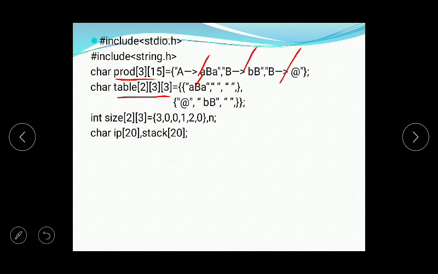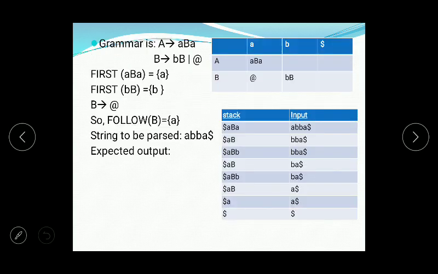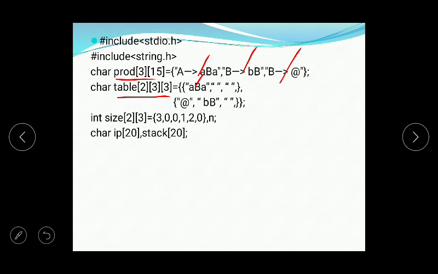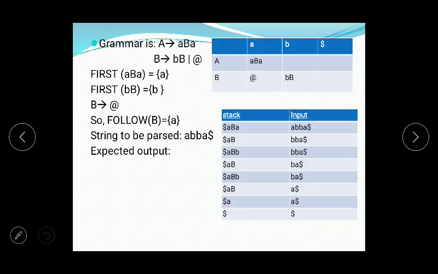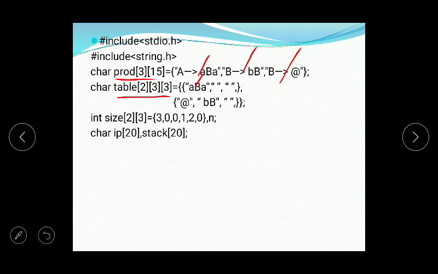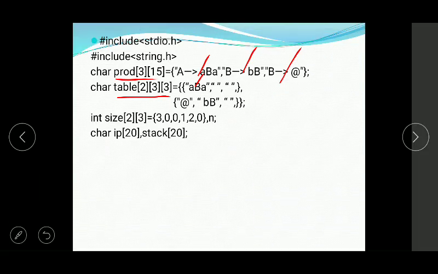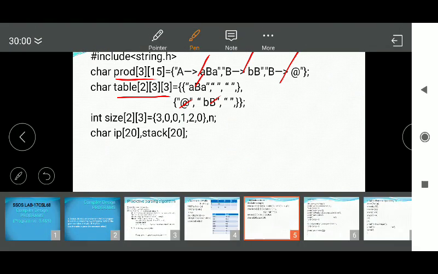The first entry is ABA, the second entry is blank, the third entry is blank. To indicate blank, just a null character after ABA. In the second row we have first epsilon, then BB, then blank.